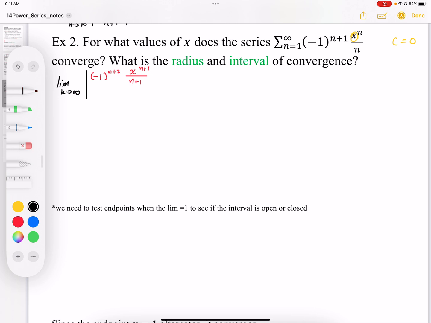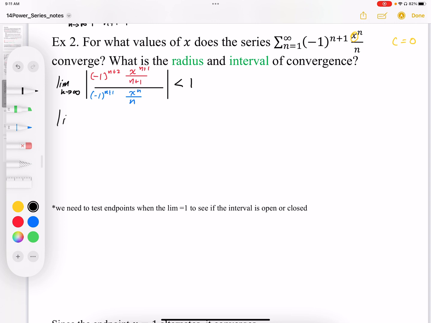Okay, so that's my a_(n+1). In the denominator, I need -1 to the n plus 1, x to the n over n. Okay, so that all needs to be less than 1 to establish my radius.